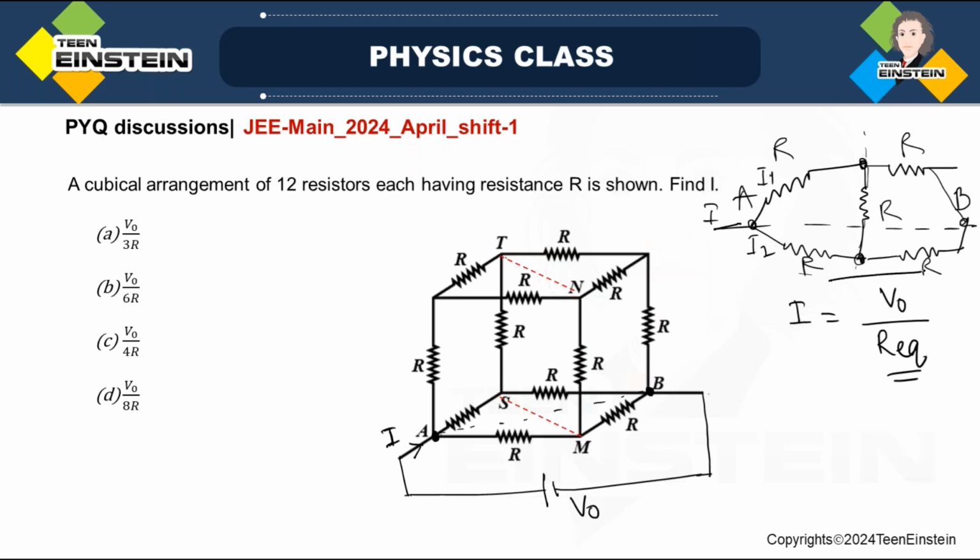After this mirror symmetry, this R and this R will have the same current I2, and this resistor and this resistor will have the same current I1.